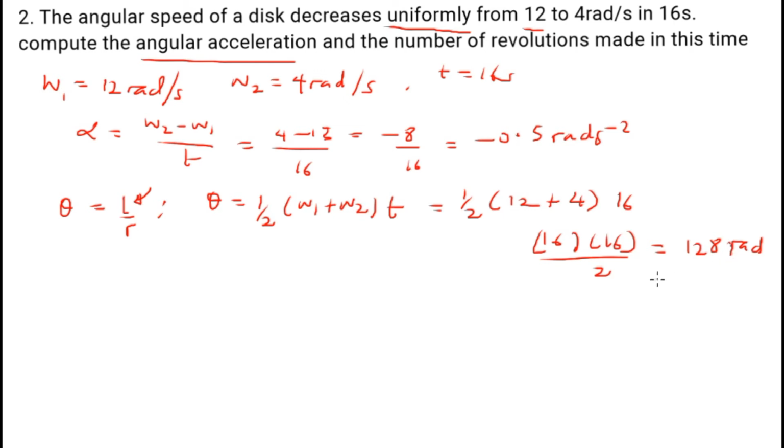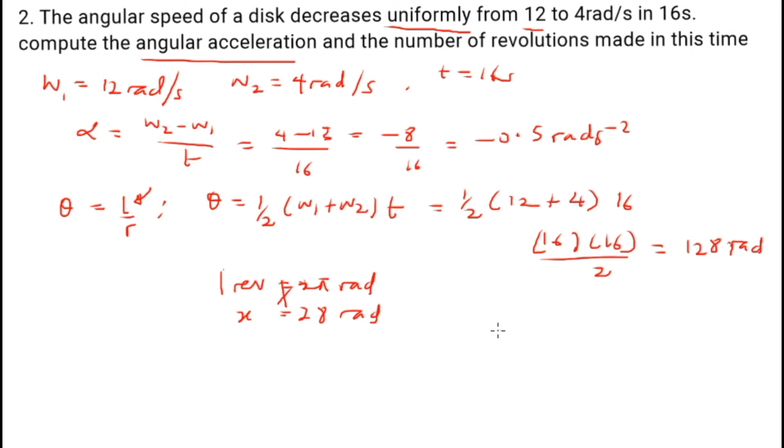But to convert it to revolutions, 1 revolution is equal to 2 pi rad. That means if I want to find how many revolutions would make 128 rad, I will just need to divide by 2 pi.